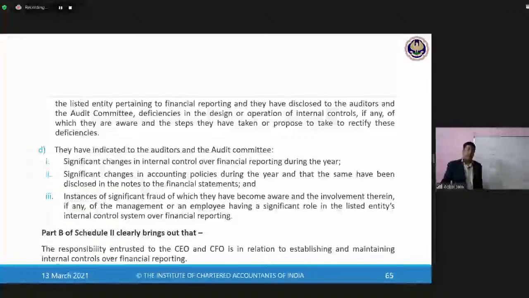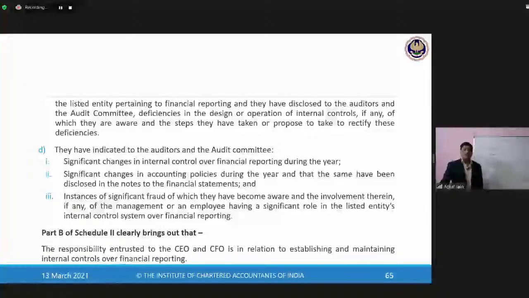They have indicated to the auditors and the audit committee if there are any significant changes in ICFR, any significant changes in accounting policy which have been used for preparation of financial statements, and any instances of significant fraud which might have taken place or which they may have become aware of.